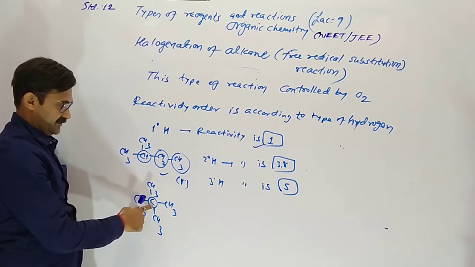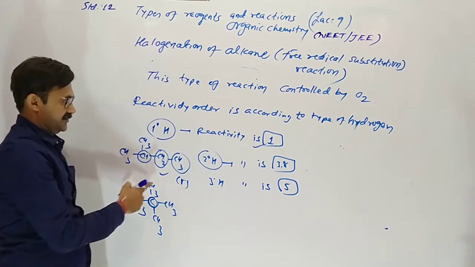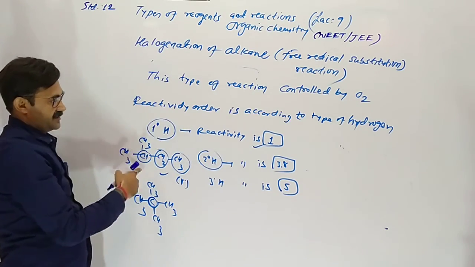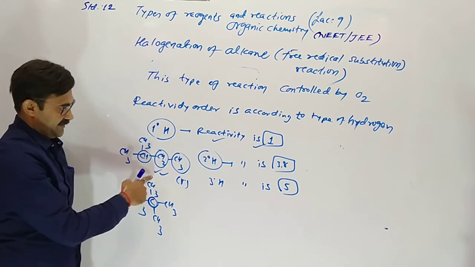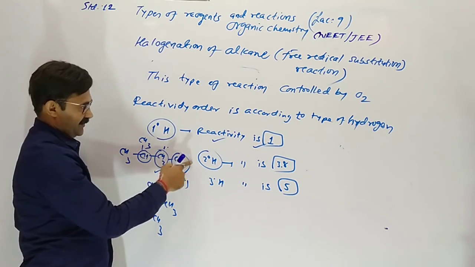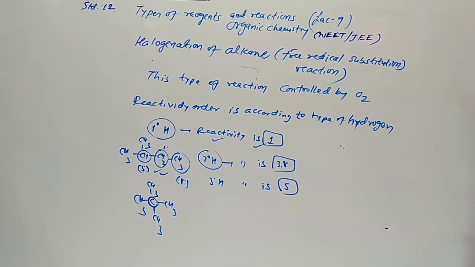Why? Because that carbon is connected with four other atoms. So reactivity of primary hydrogen in alkane reaction with chlorine is very low. Reactivity of secondary is higher than primary, and highest for tertiary hydrogen. So the first reaction occurs on tertiary hydrogen.